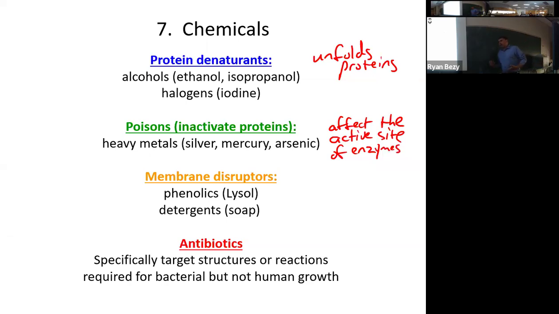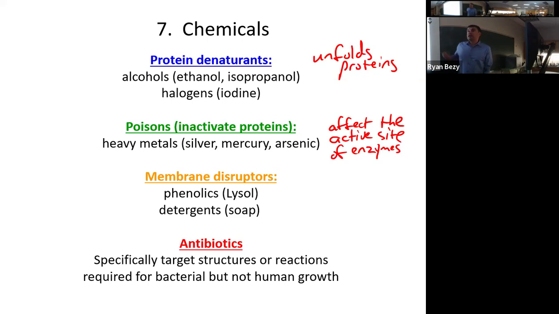They get into the active site of the enzyme and cause it to stop working in some way. Am I okay with active site? The active site is the part of the enzyme that directly touches and interacts with the reactants, the substrates. So they don't unfold the entire protein. Instead, they inactivate the active site in some way, and then the enzyme cannot work.